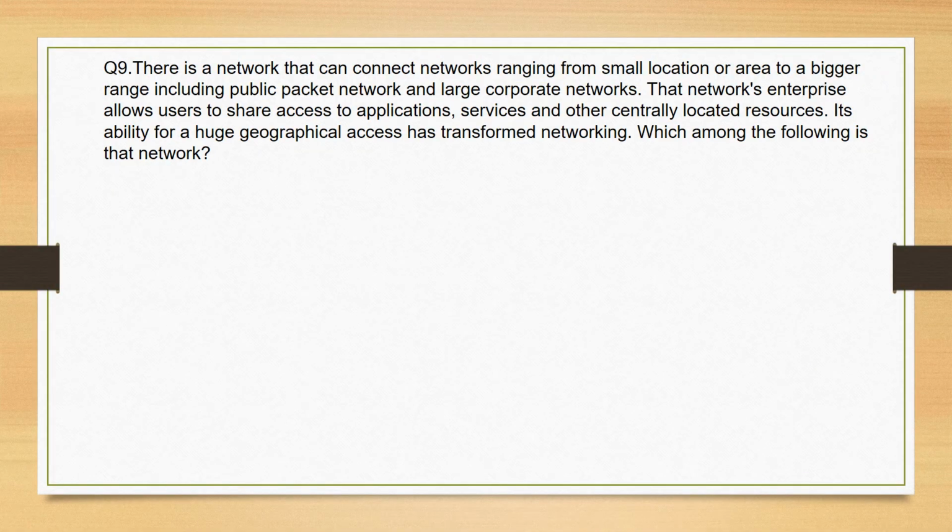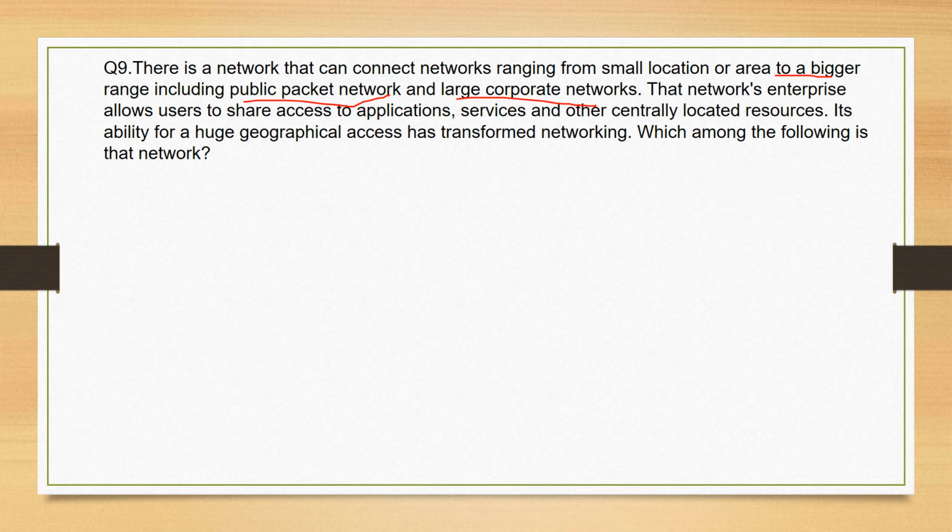So in this question we have, there is a network that can connect networks ranging from a small location to a bigger range, including a public packet network and large corporate network. The network enterprise allows users to share access to applications, services and other centrally located resources. Its ability for geographical access has transformed networking.